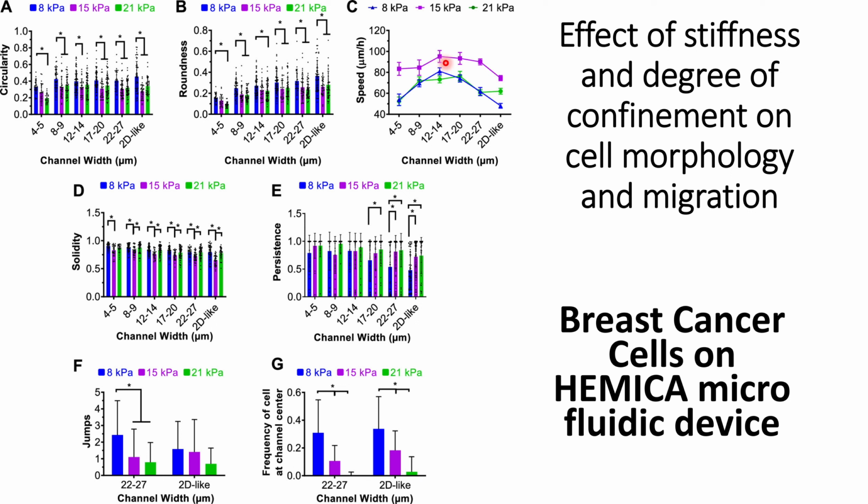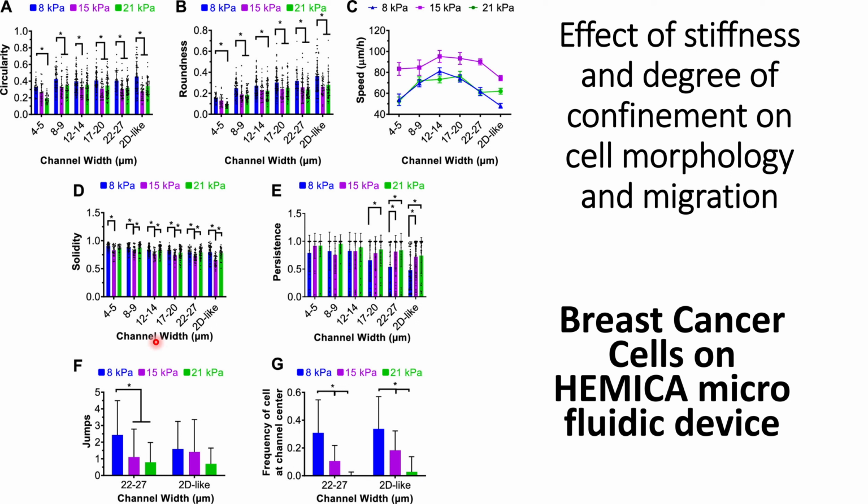So this indicates that cells behave at optimum speed at around 15 kilopascal. In order to get the maximum migration speed, cells need a tissue that has a stiffness of around 15 kilopascal, and the width between the tissues should be around 12 to 14 micrometer.